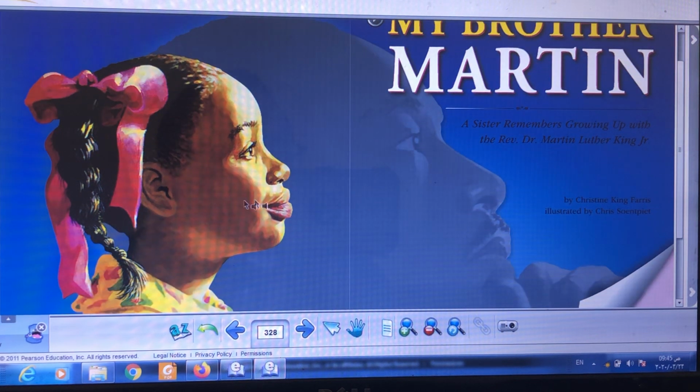From the picture here, you can find that this girl, Christine, who is Martin Luther King's sister, has black skin. She's going to talk about all the African Americans in the past who were discriminated against, or treated differently, by the government.